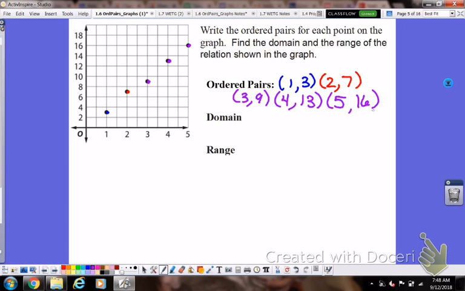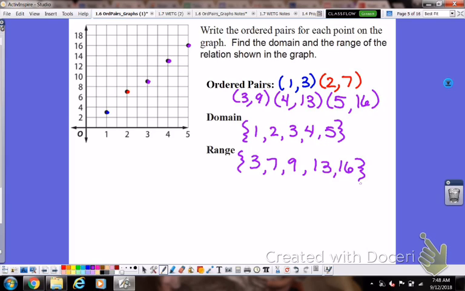So our domain, our x values, using that bracket notation, we have {1, 2, 3, 4, 5}. Notice they are going in numerical order from least to greatest. And our range, we have {3, 7, 9, 13, 16}. End it with your bracket notation.